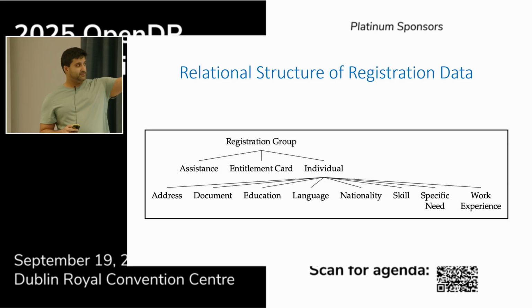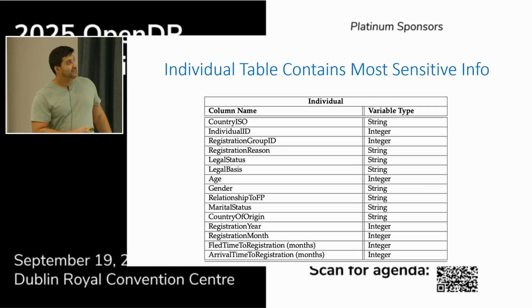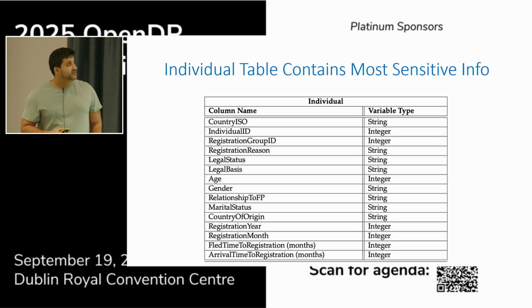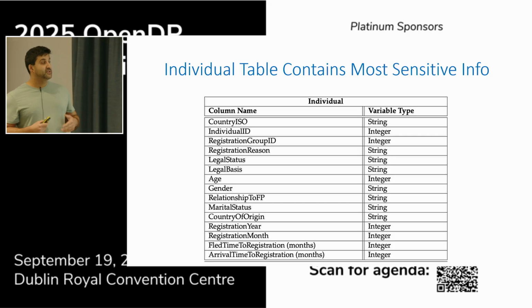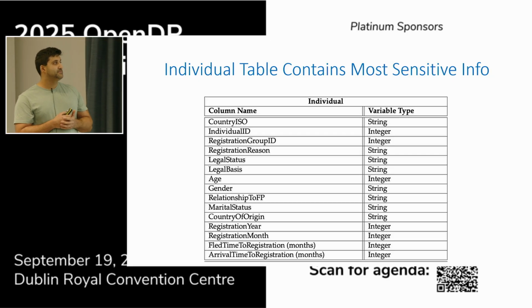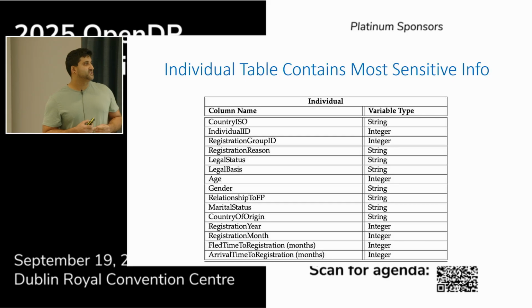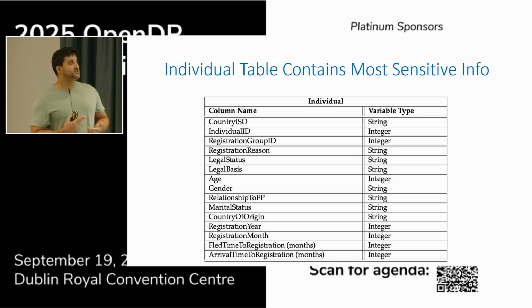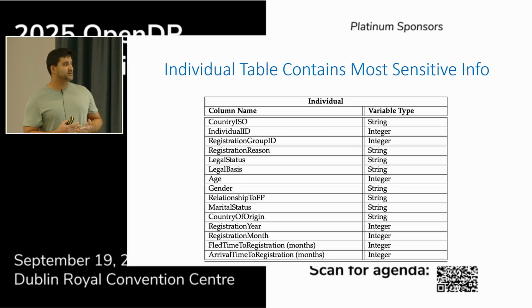I'm going to bounce back and forth between slides, I hope folks are okay with that. The individual table is actually the most sensitive table that UNHCR had here. Every row in the table corresponds to an individual, and a certain amount of information was collected about them, such as why they registered, their legal status, age, gender, relationship to their focal point, and where they came from.